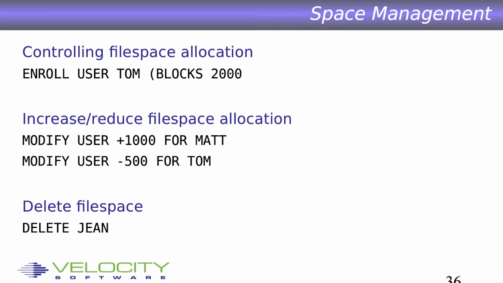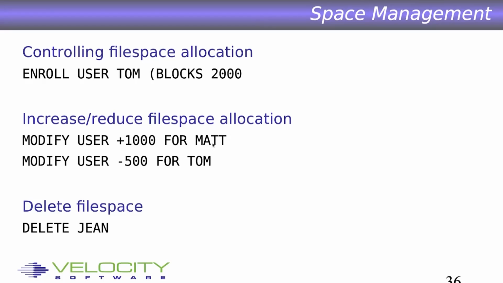So in this case, there's a modify command. I think the syntax here is kind of backwards, but with the modify user command, you're adding 1,000 blocks for Matt. So this will increase Matt's file space allocation by 1,000 blocks, whatever it was before.